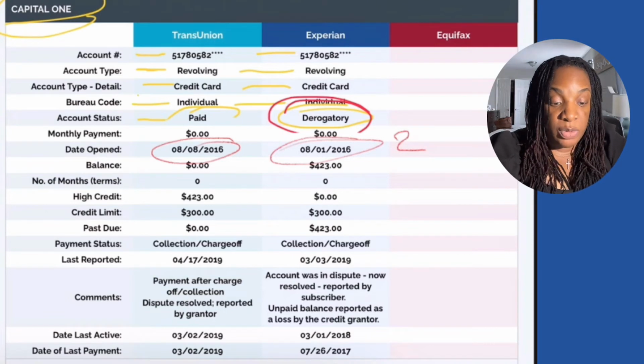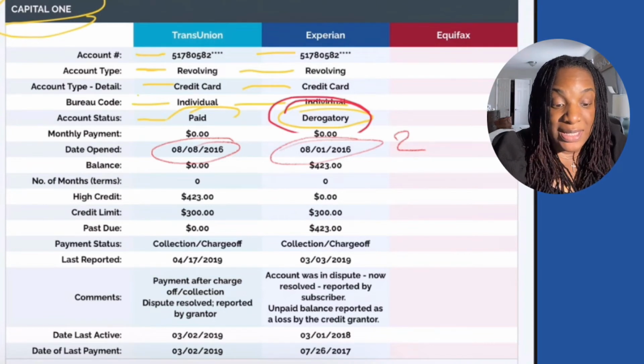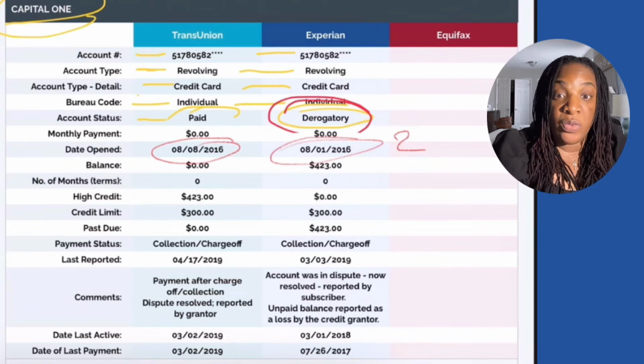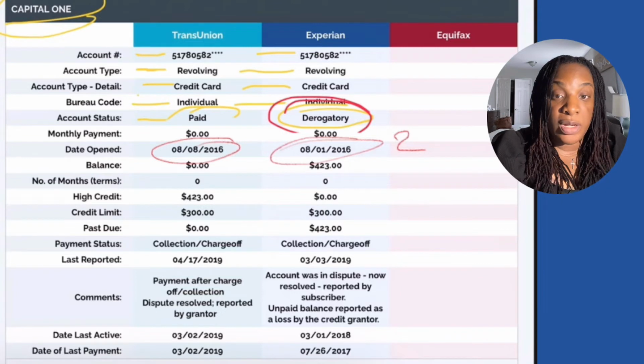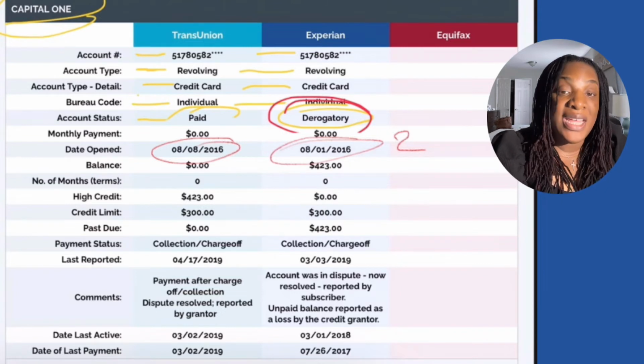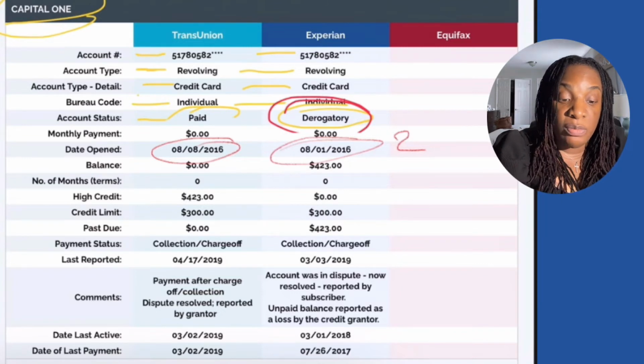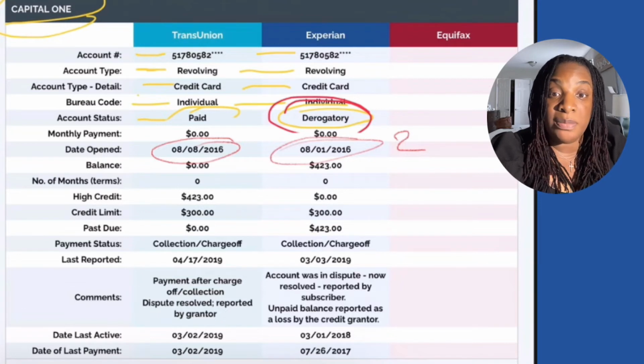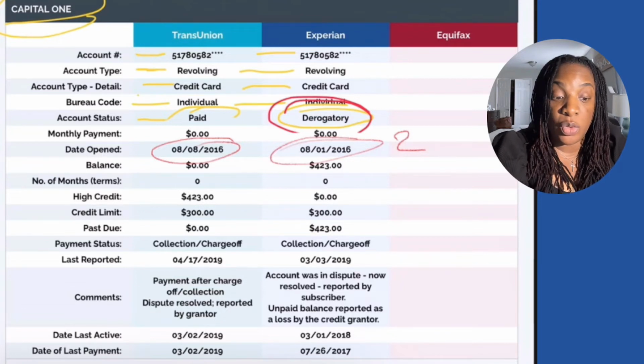I'm going to dispute with Transunion and say, you have the date open on this account incorrect. You have 8/8/2016. The other credit bureau has a totally different date. This is not correct. Please remove this off of my credit report or update this information to make it correct.